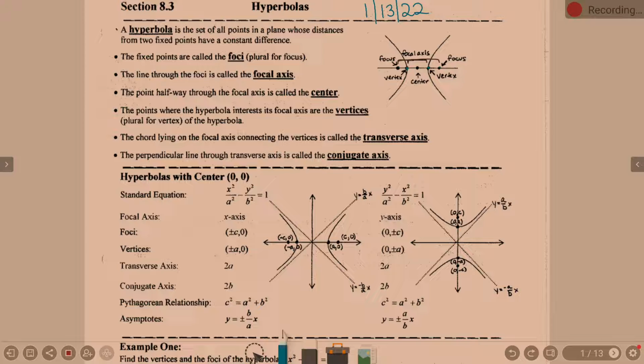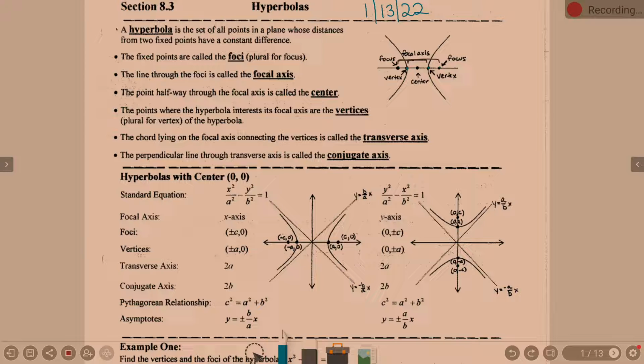The chord, so the line on the focal axis connecting the vertices, is called the transverse axis. This is one of the differences: instead of using major and minor axis, we use transverse axis and conjugate axis. The transverse axis being the axis that goes through the vertices and foci.